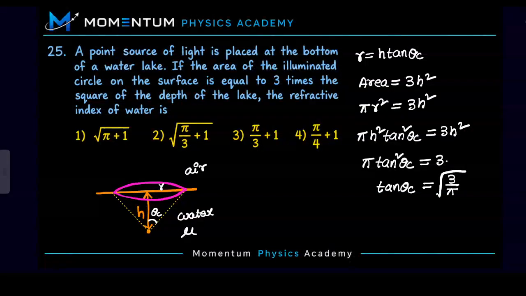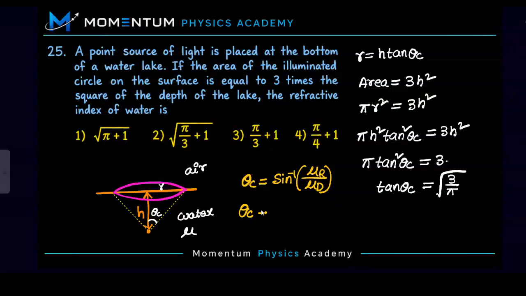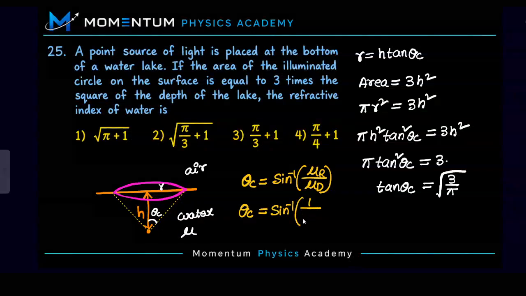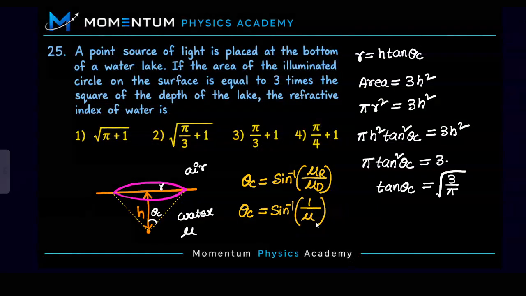Now, what is a refractive index means what? Tell me now. What is the theta c basically, which is given as sine inverse of mu r by mu d. Here mu r is 1, so that's why it will be sine inverse of 1 by mu, refractive index of water.